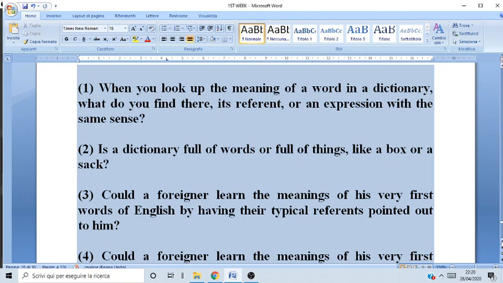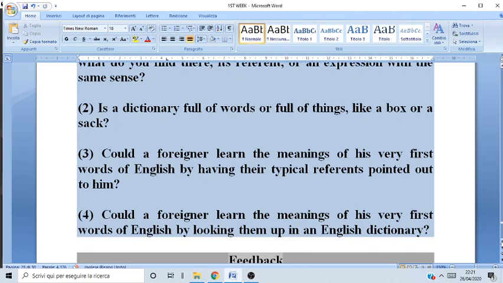Like a box or a sack? Could a foreigner learn the meanings of his very first words of English by having their typical reference pointed out to him?